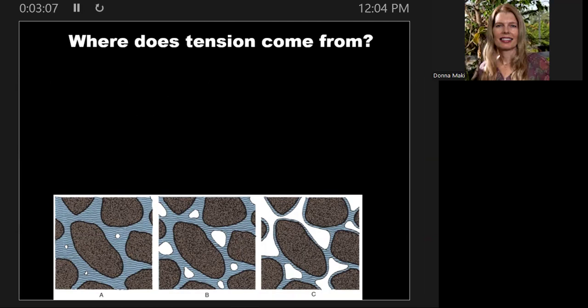But as that happens, you get more of just the water left over that's clinging to the soil particles. That's a little tougher to get access to because of cohesion forces. So water is like, oh, I like to hug this soil particle, and it's a little harder to get access to that. So there has to be a way for the plants to develop a force in order to keep getting that positive water movement toward them.